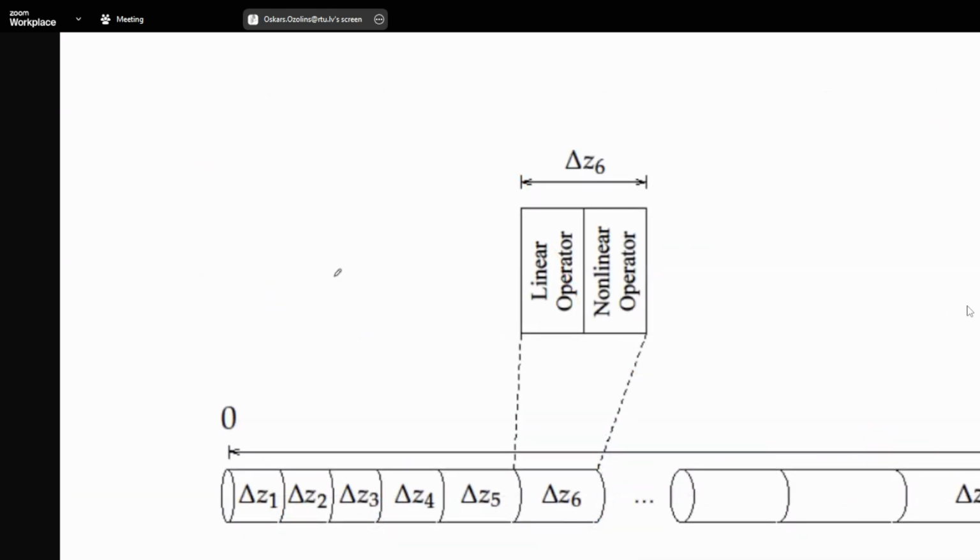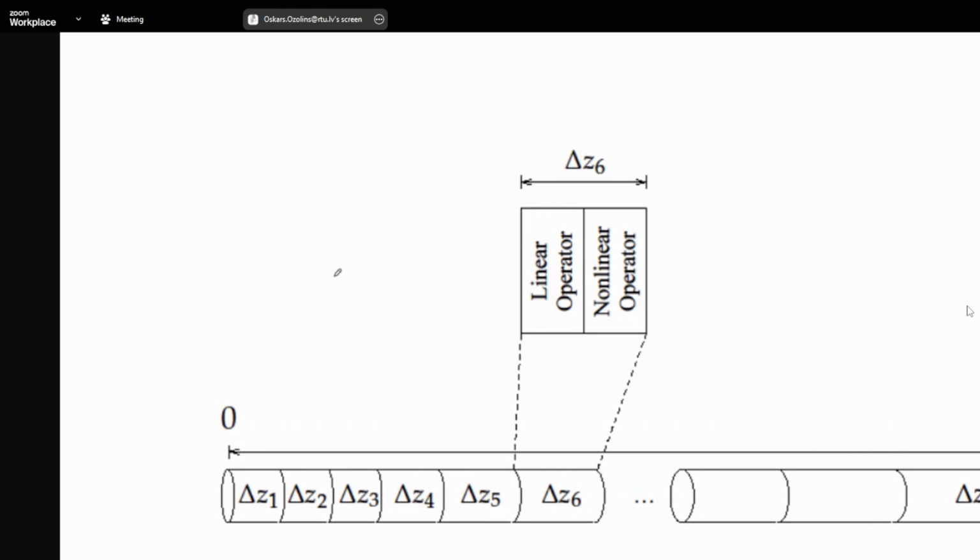Right, here was the picture I was willing to show you. When you have optical fiber and you solve this Manakov equation, you can use the split-step method. You divide the fiber into sections of just some meters or centimeters length, depending on how long the link is.